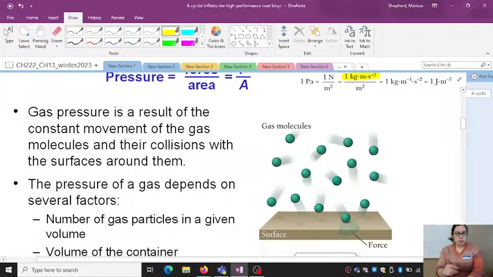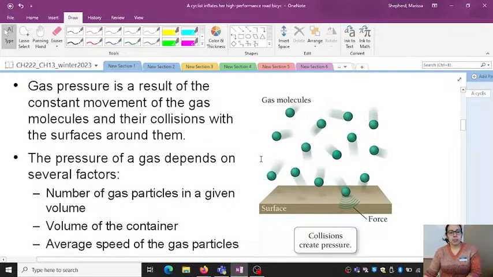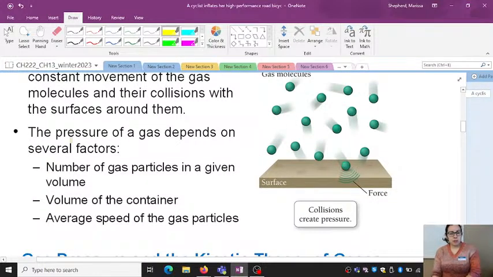Your gas pressure is just the result of constant movement of the gas molecules and their collisions with the surfaces around them. This means that the pressure of the gas depends upon several factors. How many gas particles are in a given volume: if you put in more gas particles, you probably increase the pressure.